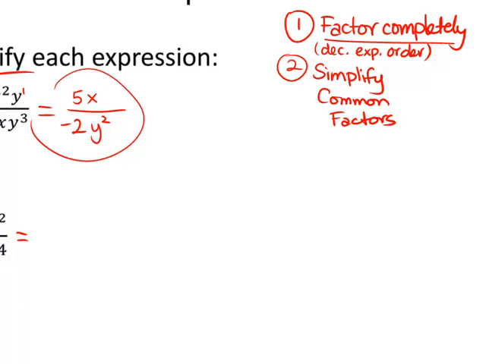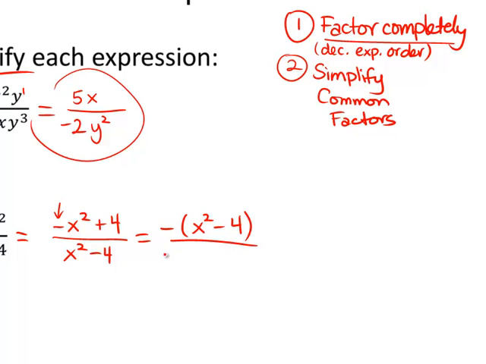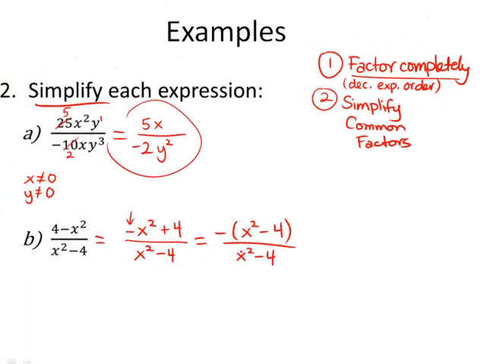So, in the numerator, we want to make sure the x squared term is first. So let's just rewrite it first to see how that looks. And the denominator is like this. We also like to get the negative out of the leading coefficient, because then it's easier to see if anything is the same. So that would leave us with x squared minus 4 over x squared minus 4.